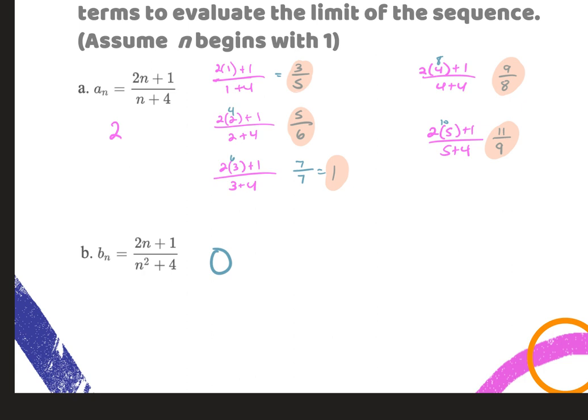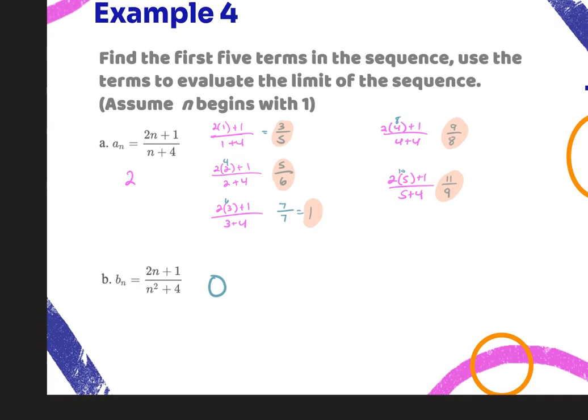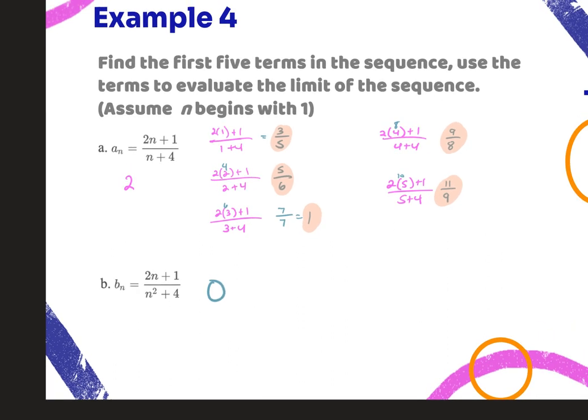No, but it's not asking for the limit at 2. It's asking for the limit at infinity. If it said limit at 2, then you'd plug in 2, and that equals your limit. But in this case, these words mean the same thing as find a limit as n approaches infinity. We're good, yes?